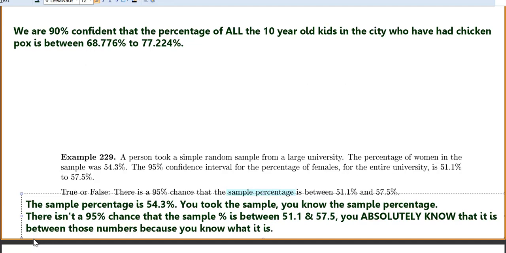And that's always going to be true. You're always going to know what the sample data is because you've taken the sample. That's what you base the confidence interval on. So this would be false.